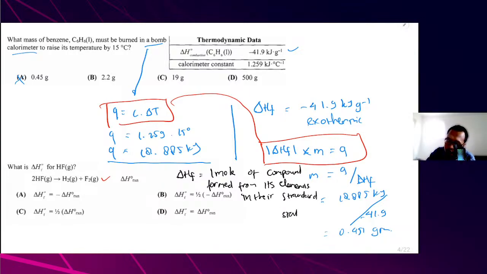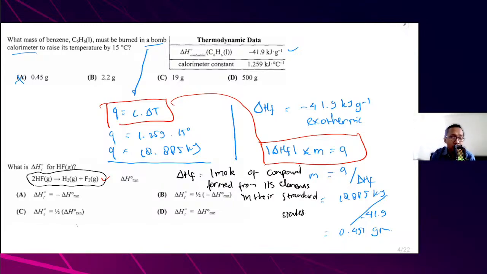So let's take a look at this reaction: 2HF(g) becoming H2 and F2. Let's take a look at the solutions one by one. Now 2HF, this is the reverse of formation.